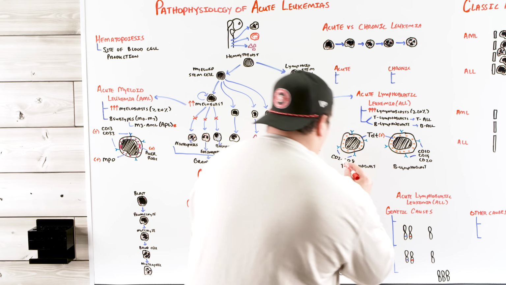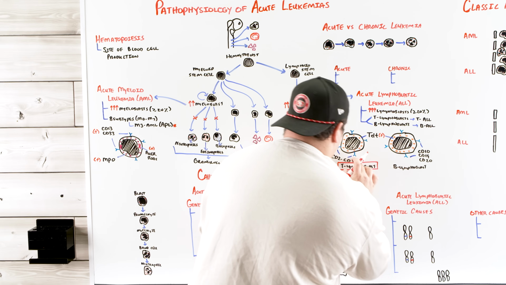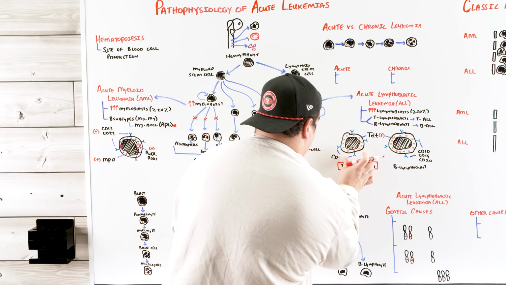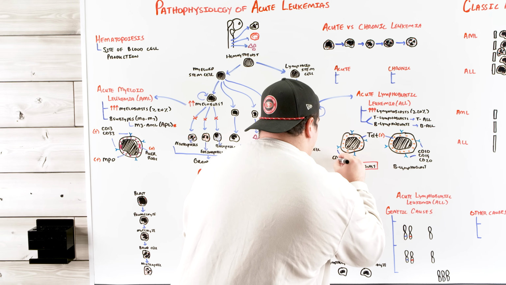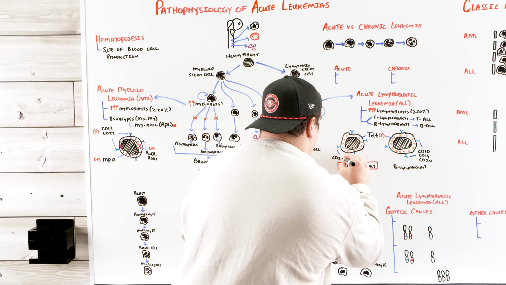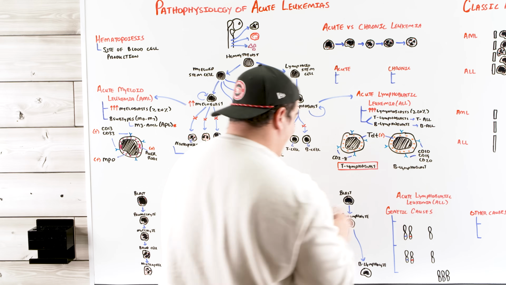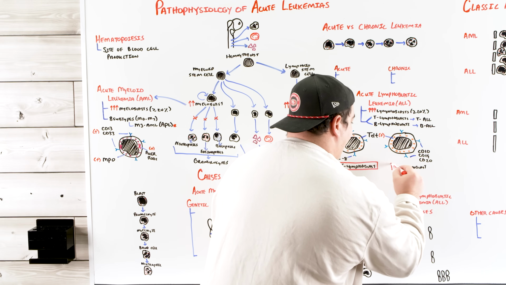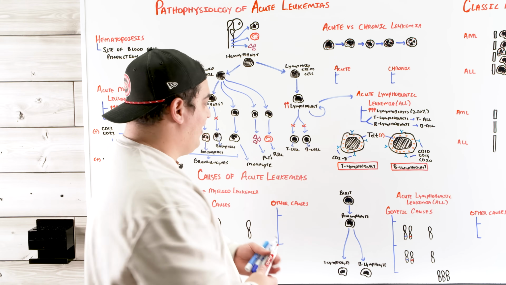That's what I need you to remember. So the identifiers for T lymphoblasts: CD2 to 8 suggests the T-ALL. And if I say CD10, 19, 20, you would say B lymphoblasts, and this is your B-cell ALL. All right.